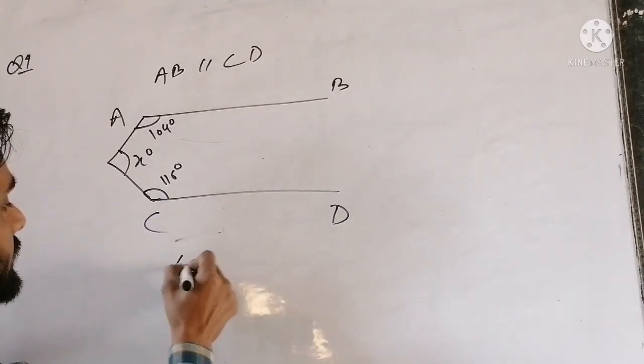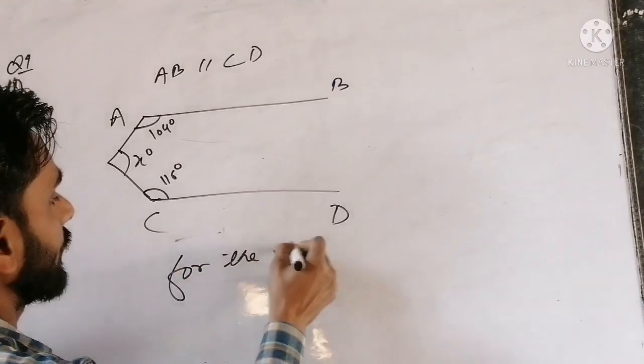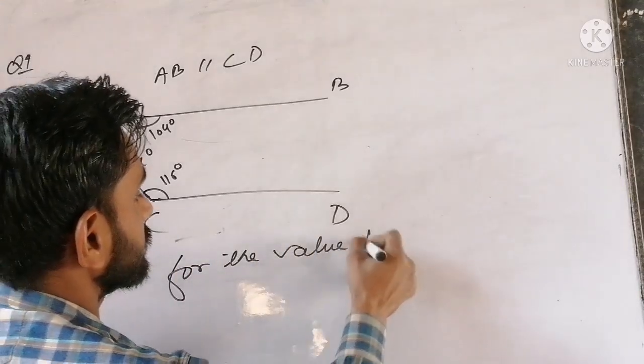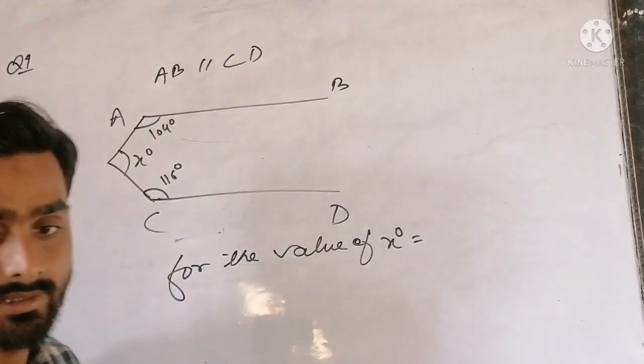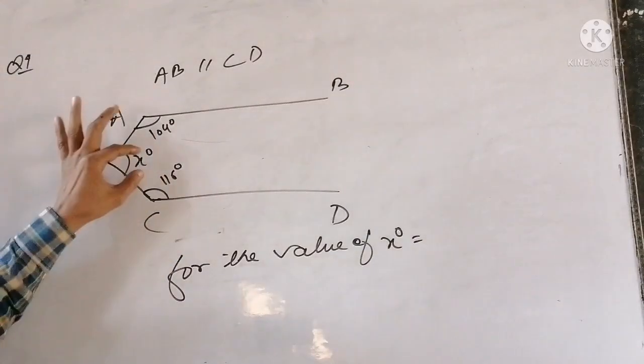For the value of x, if these types of questions come, you will do this. The value of x is equal to 360 minus 104 plus 116.